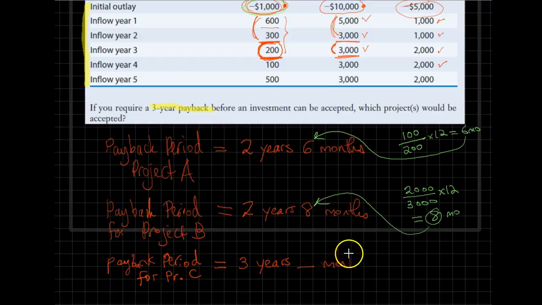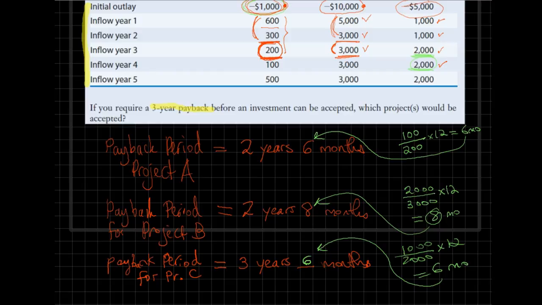Blank months. Let's apply our newly acquired formula. In 3 years we so far accumulate $4,000, but in year 4 we still have a remaining $1,000. So we say 1,000 divided by what can be gained in year 4, times 12. We realize that the answer would be 6 months. So I plug in that 6 right over here.